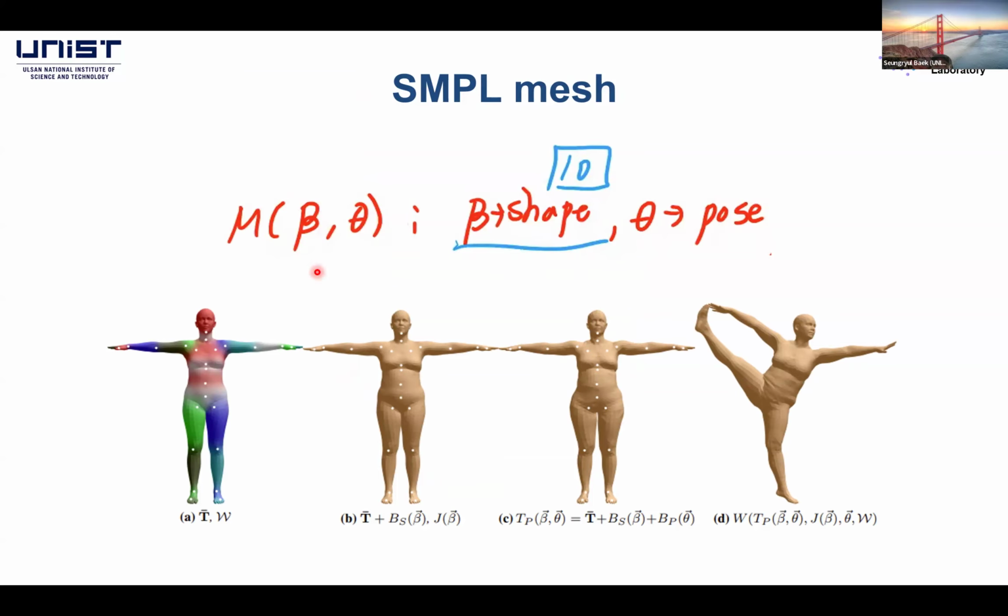Given these two, we can already manipulate the person's shape and also their poses, okay? But the remaining thing is this transformation. Actually, the person's shape becomes slightly different, especially in these regions. Are you seeing that? Right?